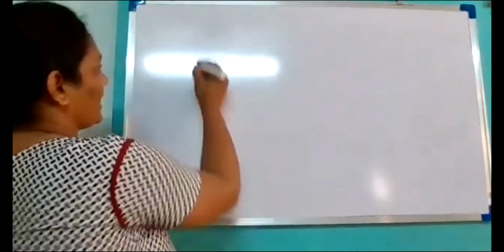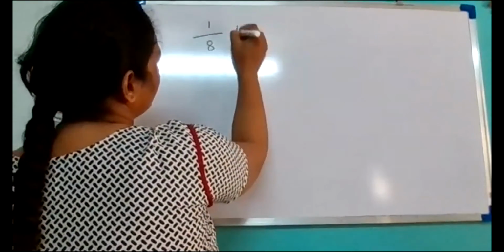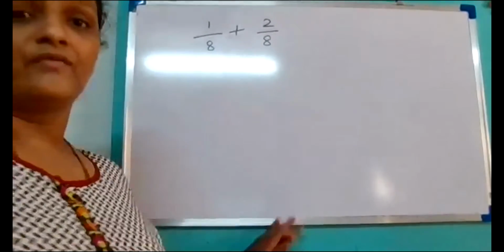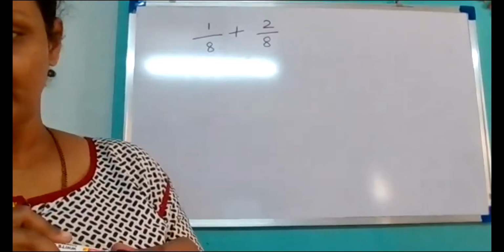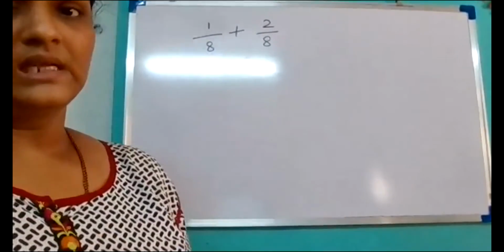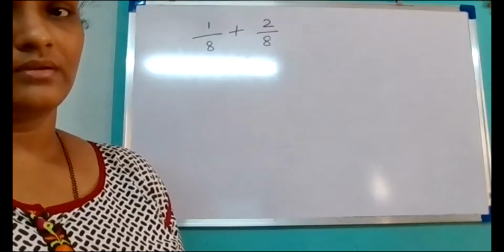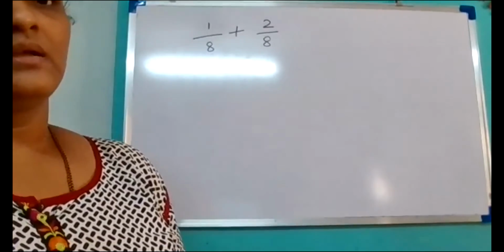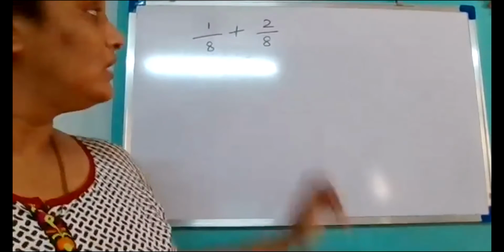Now suppose I have fractions here. That is 1 by 8, 2 by 8. Can I add these? First of all, what kind of fraction is this? Is this a proper fraction? It's a proper fraction. This is a proper fraction also, and this is known as a like fraction also.